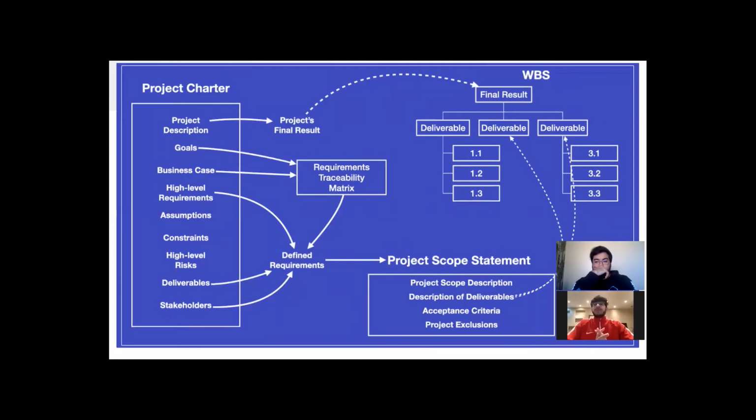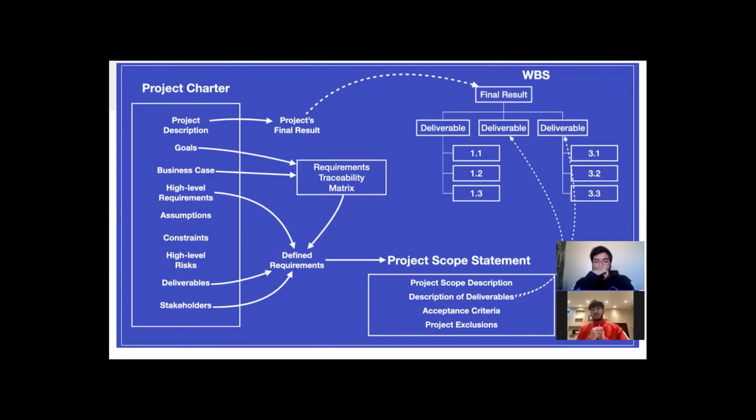Here's a graph. I think it's a nice graph to see the difference between the project charter and the project scope statement, and what we'll do in the WBS, which Sameer will explain, inshallah. Here, the project charter, as you see in the box, has the project description, goals, and business case.